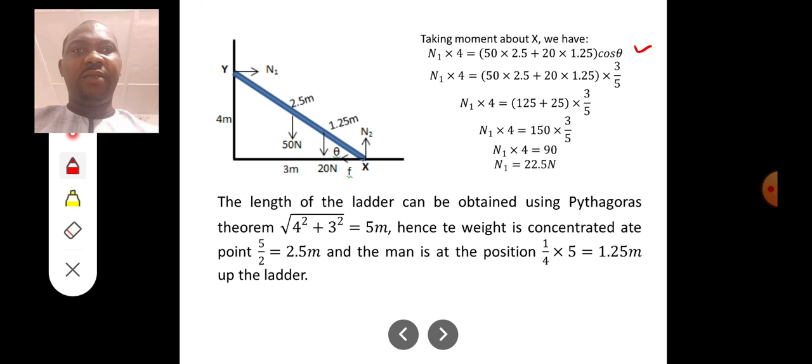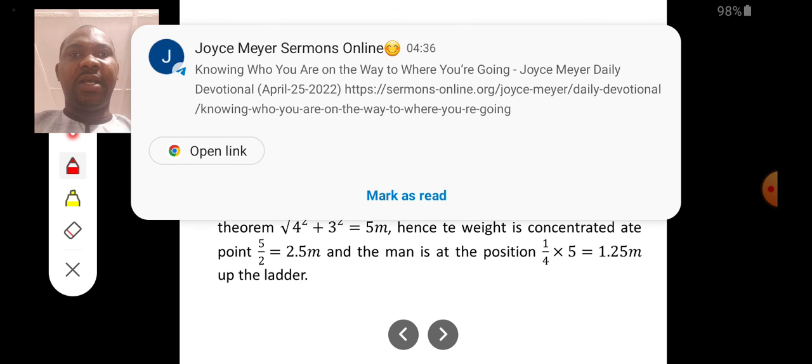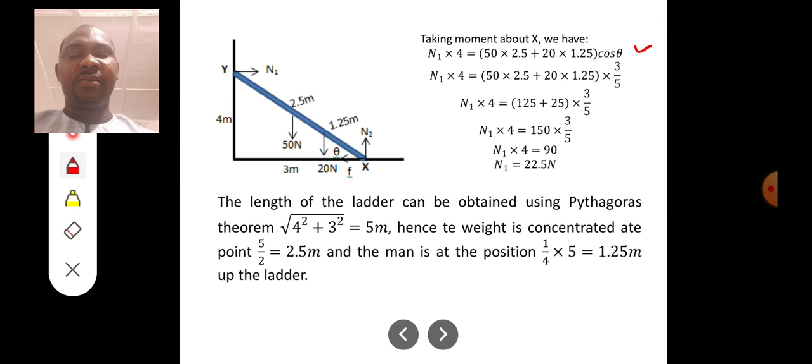So we have N1 times 4 equal to 125 plus 25 times 3/5. Cos theta is 3/5, because cos theta is adjacent over hypotenuse. Adjacent is 3, hypotenuse is 5, from the diagram. Remember, this is opposite, facing the angle.